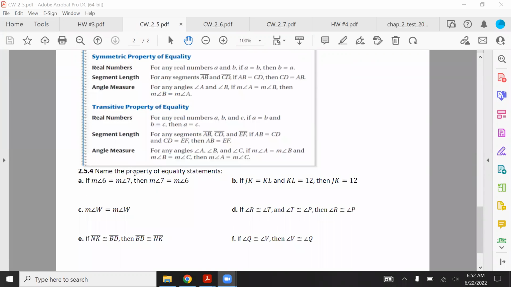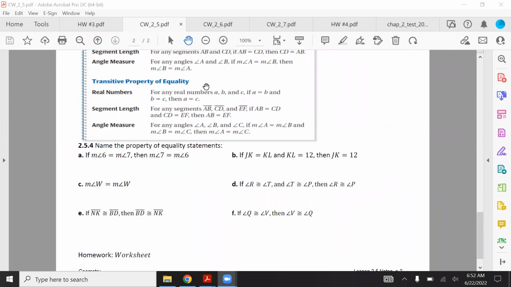Measure of angle 6 equals measure of angle 7, so 7 equals 6. That's going to be symmetric property of equality for angles. C is just going to be reflexive. Reflexive property.